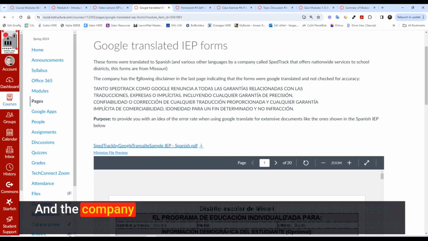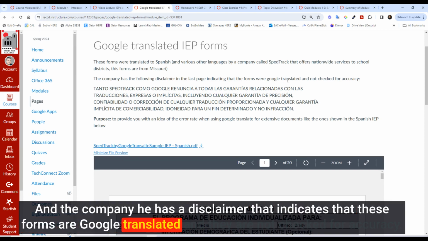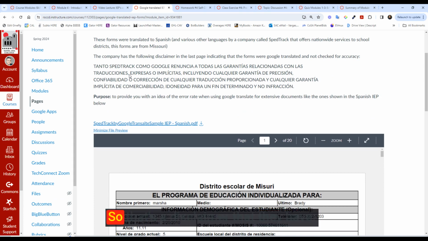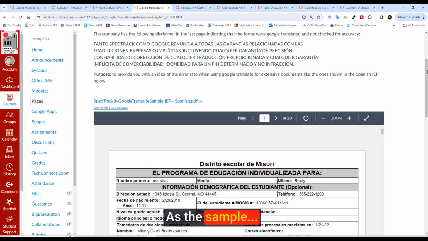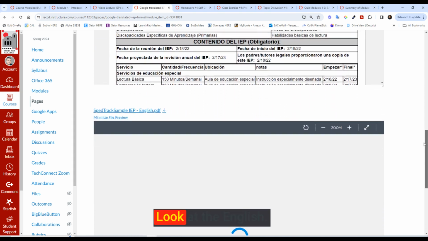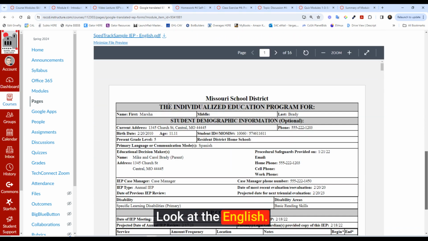And the company has a disclaimer that indicates that these forms are Google translated and they are not checked for accuracy, and that is saying a lot. So that's a disclaimer that they have, so do not rely on the translation. As the sample, como dice el dicho, para muestra un botón, look at the English.